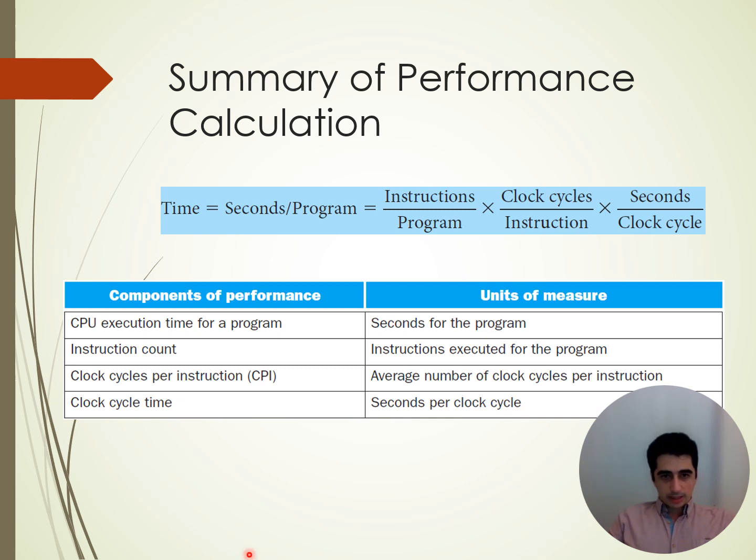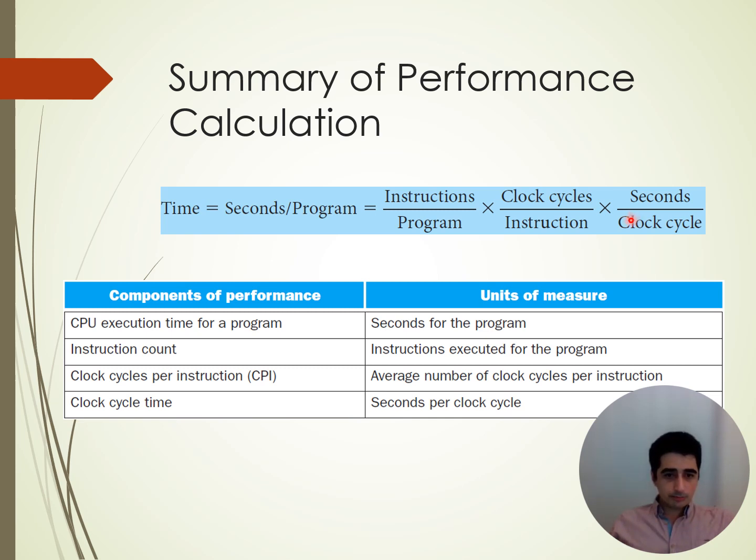So just to summarize, the total time that it takes for a CPU or a computer to run a program is going to be equal to the number of instructions that the program has, times the number of cycles it takes for the CPU to execute each instruction, times the amount of time it takes for the CPU to do one tick or one clock cycle, right?